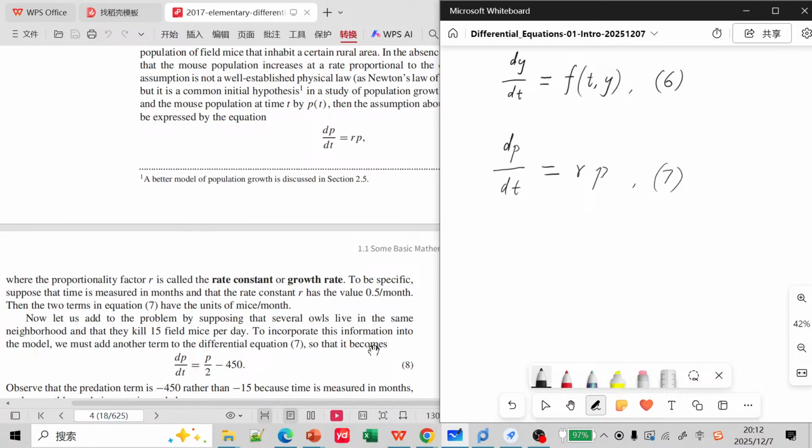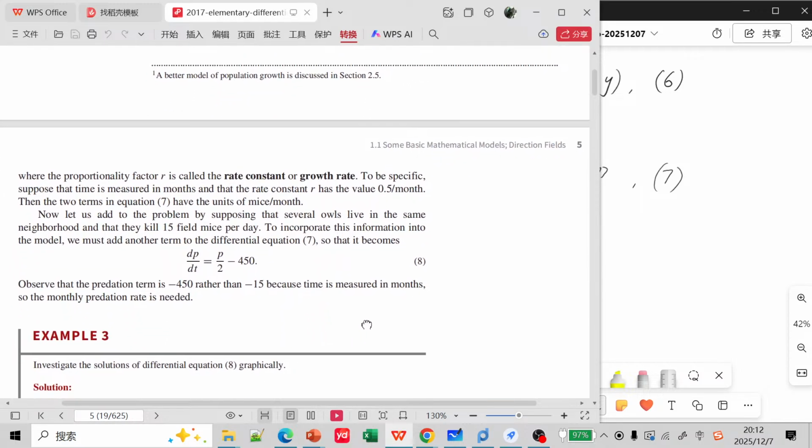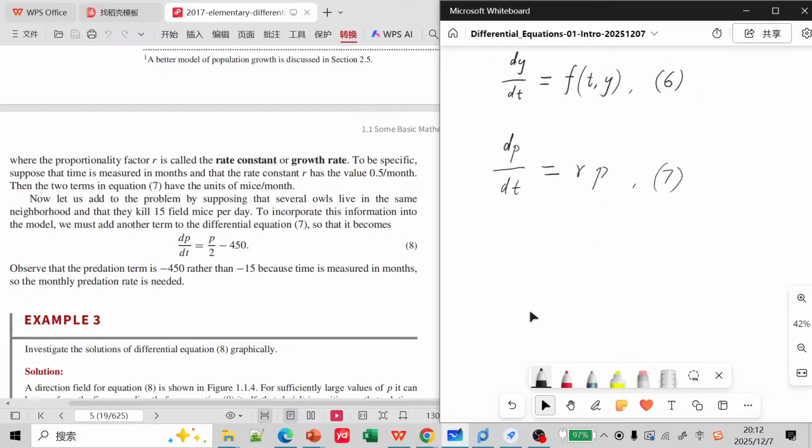To incorporate this information into the model, we must add another term to the differential equation 7 so that it becomes: dp over dt is equal to p over 2 minus 450.